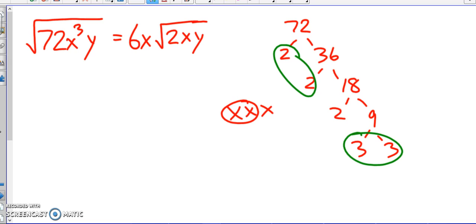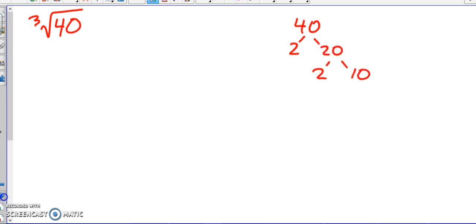Well, that's basically all there is to square roots. So let's see what we can do with other roots. All right. Let's say I want to do the cube root of 40. Well, I break this down the same exact way. 40 is 2 and 20, 2 and 10, 2 and 5.